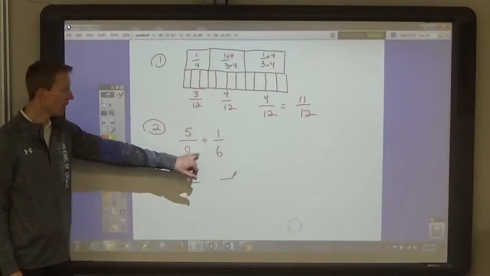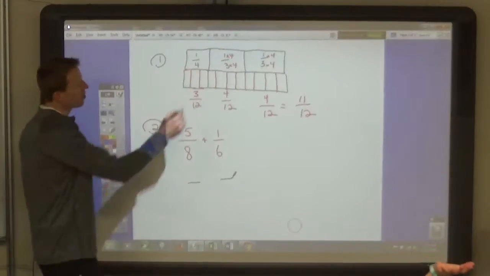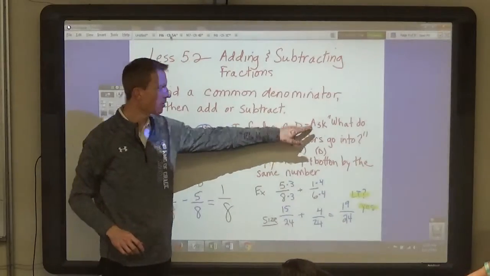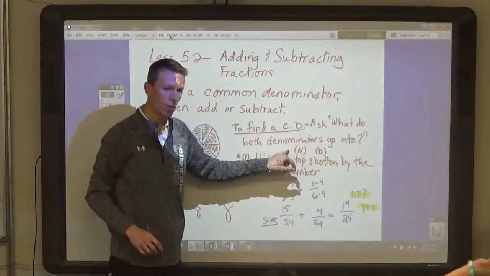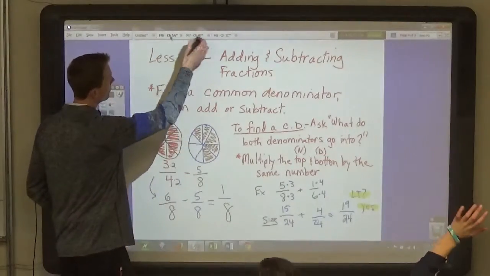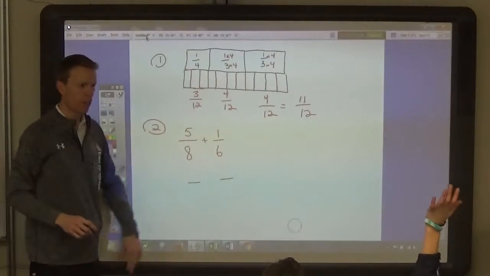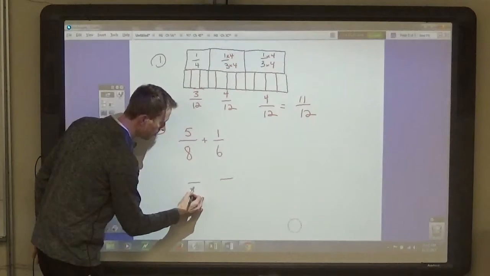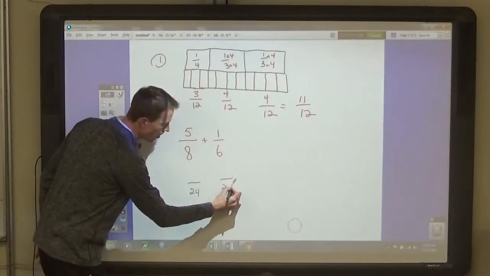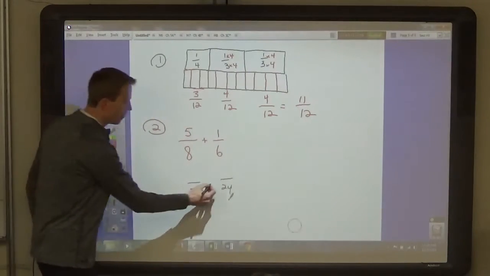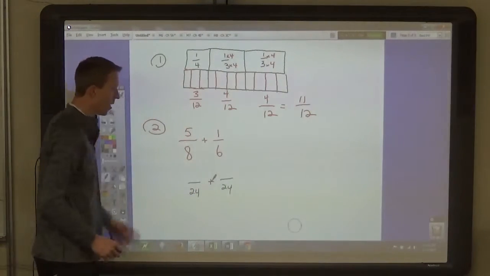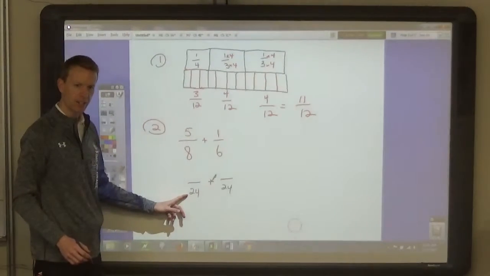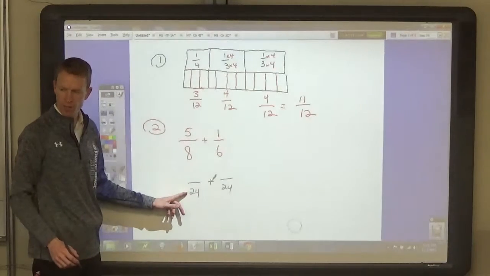So what do both 6 and 8 go into? That's the first question, right? Look at your notes. To find a common denominator, ask, what do both denominators go into? What do both 6 and 8 go into? Tyler? 24. So, how do we get 24 from 8? 8 times what is 24?